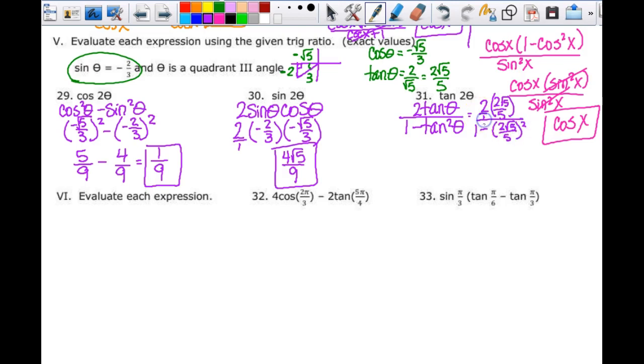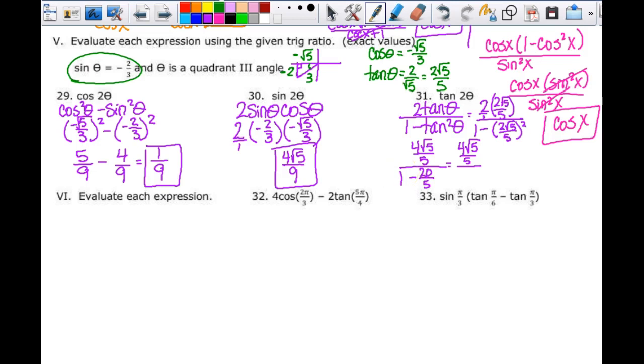So this 2 goes over 1, and my numerator becomes 4 square root of 5 over 5, over 1 minus. When I square this, I square the 2 and get 4, square the square root of 5 and get 5, so this gives me 20 over 5. So this becomes 4 square root of 5 over 5, over, that would be like 25, or it would be 5 over 5.